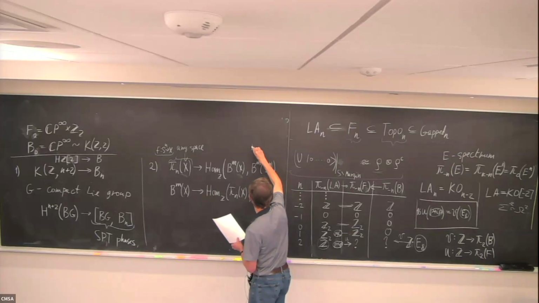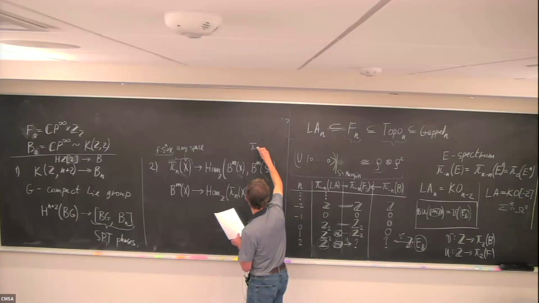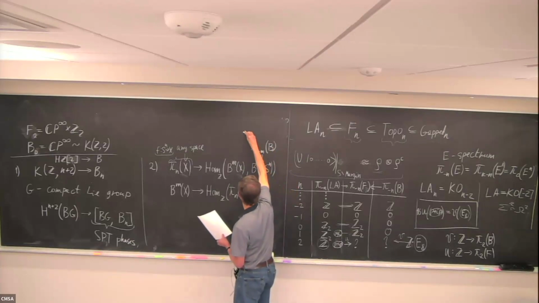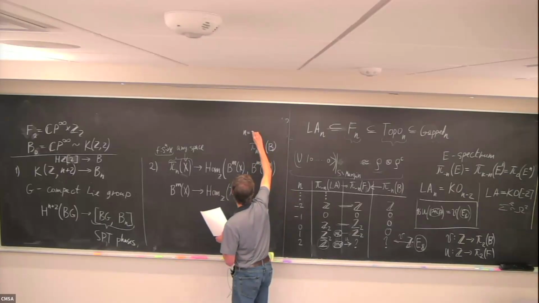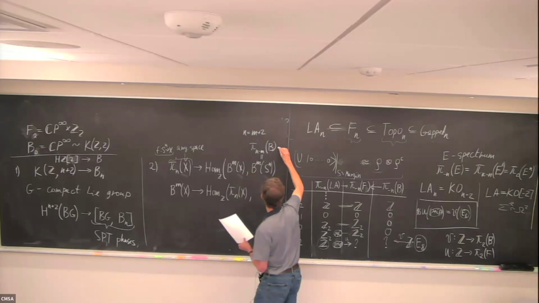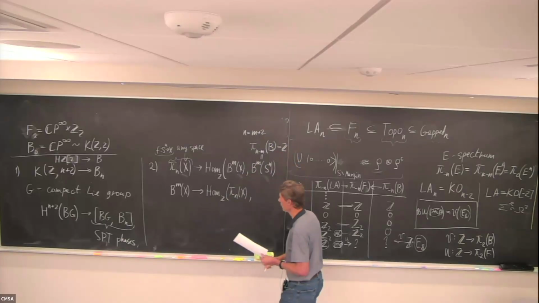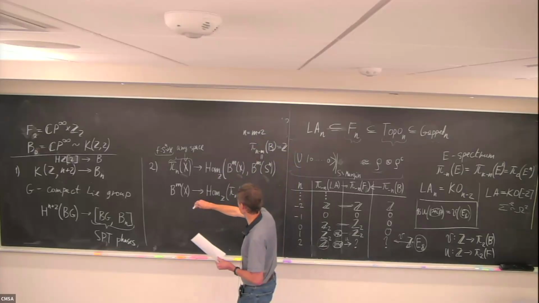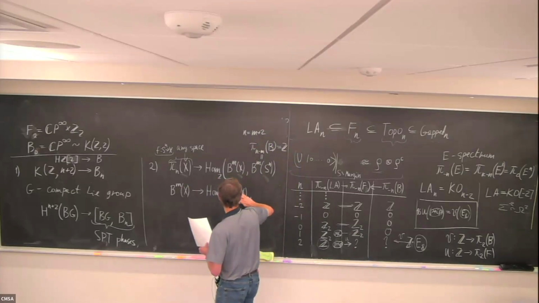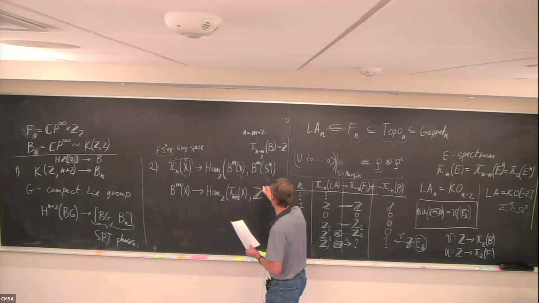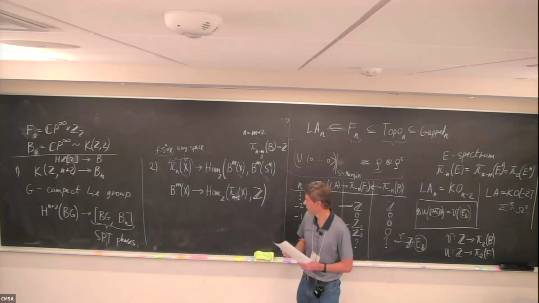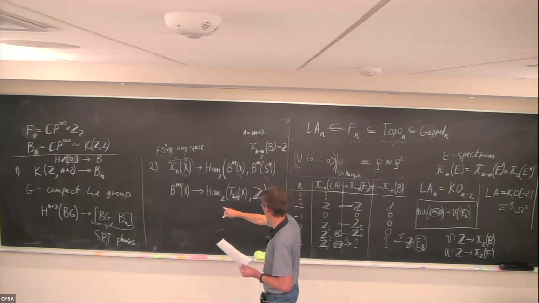It's just pi m n minus f of b, and if we take n equal to m plus 2, this is Z. So let me just use m plus 2, Z. Okay, good.